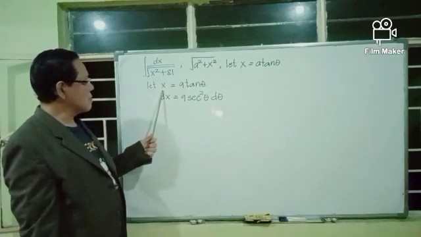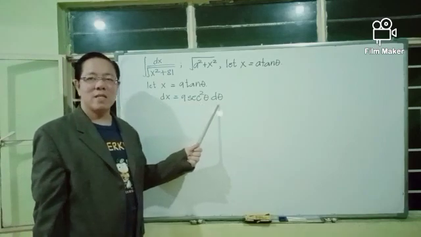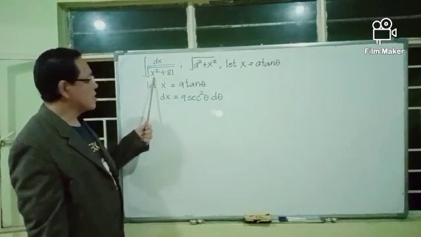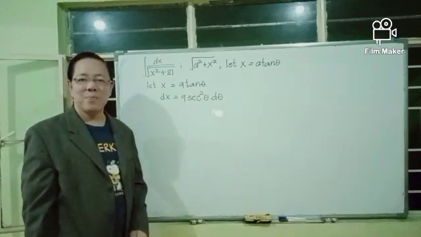We substitute in the given integral: we replace dx with 9 secant squared theta d theta. And in the denominator, we replace x with 9 tangent theta, and we simplify.